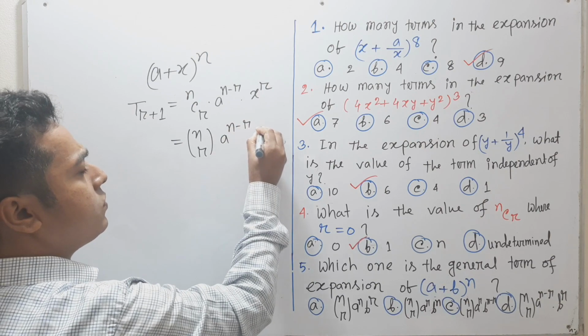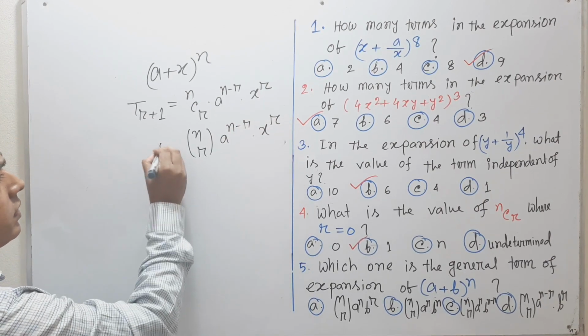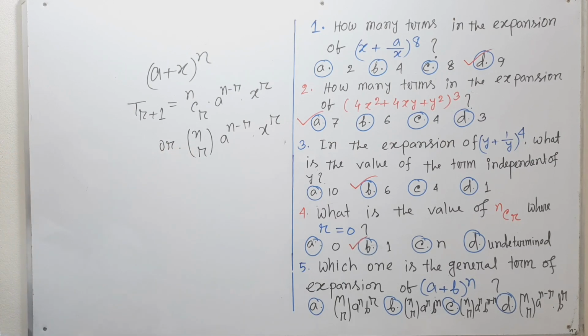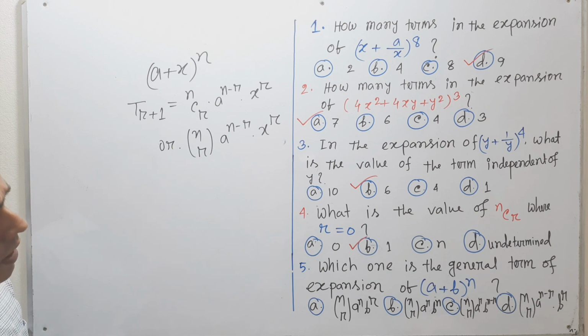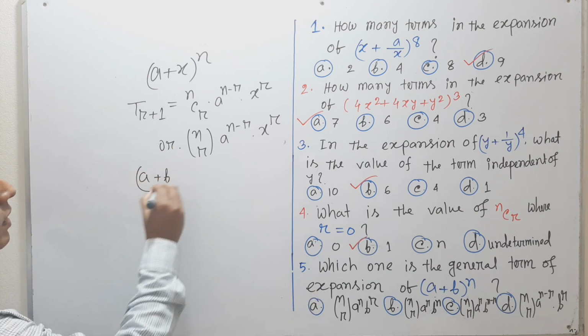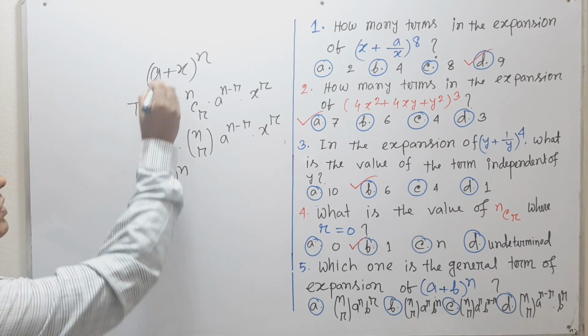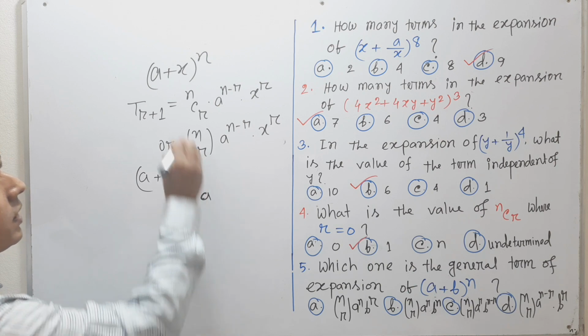Both are equal. Here our binomial term is (a plus b) to the power n. So according to this, a is equal to a and x is equal to b.